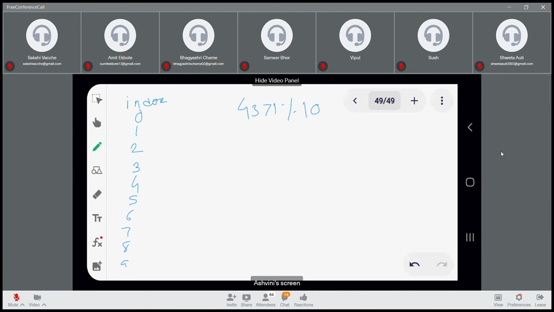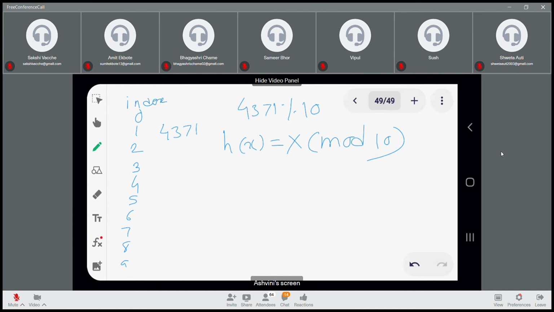Hash function is given itself. So h of x is equal to x mod 10. So 4371 mod 10, what is the value? It's 1. Yes. So you need to place 4371 at index 1.